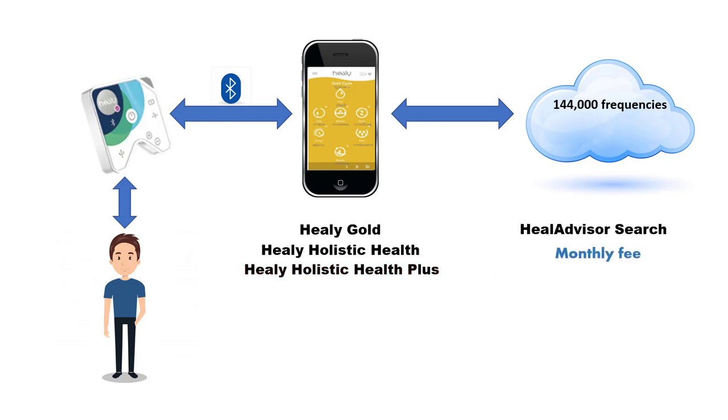Now, we recommend another product that they have, which is called the Healy Advisor Search, and there's a monthly fee associated to that. And what that does is it helps you find what programs you need to run for specific conditions, based on the experience of all the practitioners that have been using the Time Waver and the Healy.